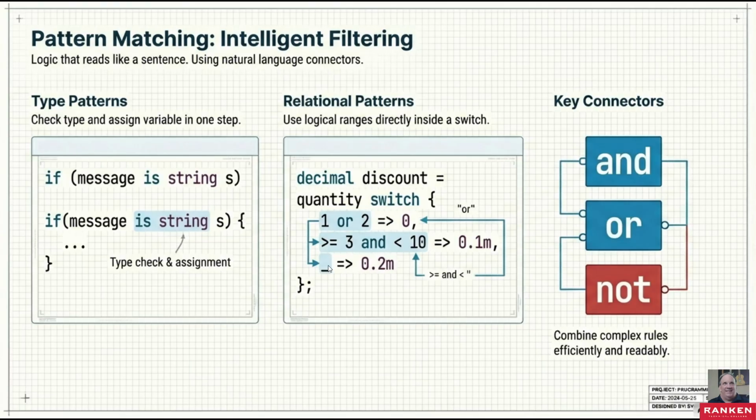This could be a logic error, but that's okay. I guess you're looking at it from a perspective that your order contains at least one. But basically, if anything's not one or two or three all the way through 10, then it's going to be a discount of 20% here.